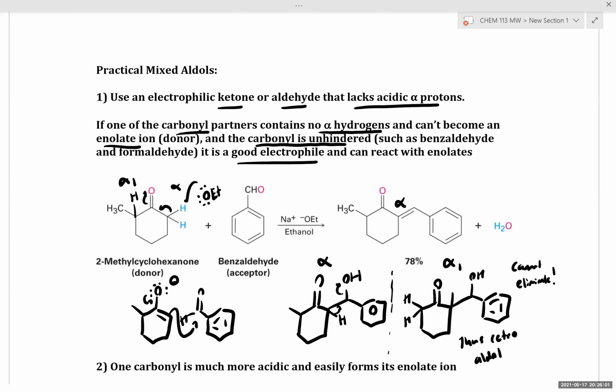If one of your sites cannot actually eliminate an equivalent of water or hydroxide because it lacks an available proton for this elimination step, you will often see retroaldol and funneling to a single regioisomer.